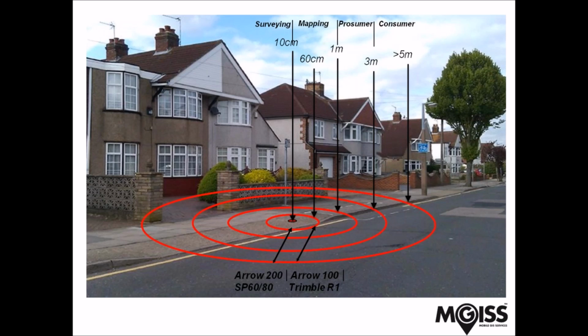A lot of our customers sit within the mapping grade range, so sub-1 meter down to half a meter accuracy. And then what that gives you is access to products such as the Arrow 100 or the Trimble R1, which are giving you real-time sub-meter capability without the need for any additional correction services or subscription costs.